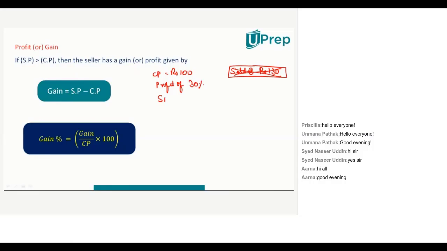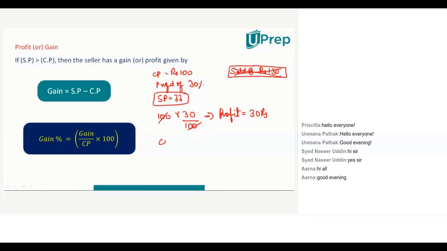Now, what would the selling price be? Simple. If I bought a pen at rupees 100, you remember what we did in percentages? I calculated 30% of 100, that is 30 by 100. So what do I get the profit as? 30 rupees. Exactly.